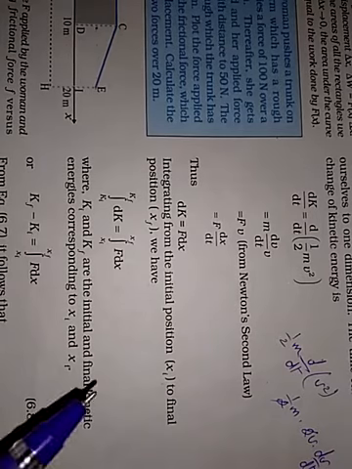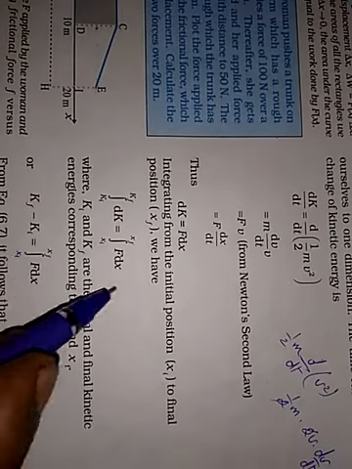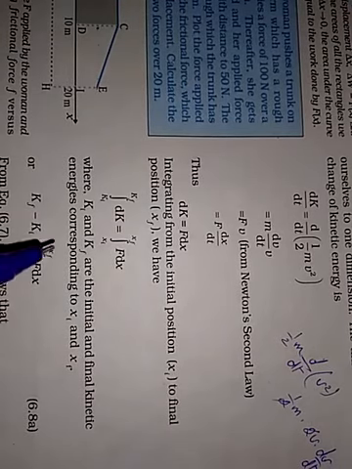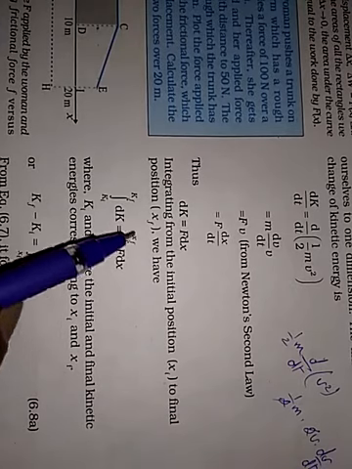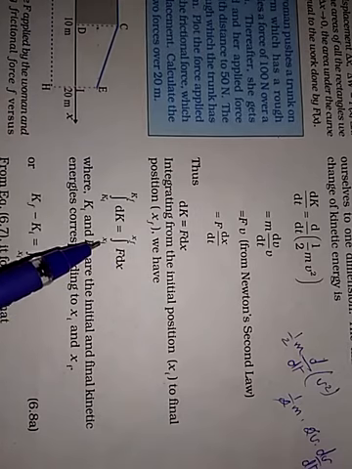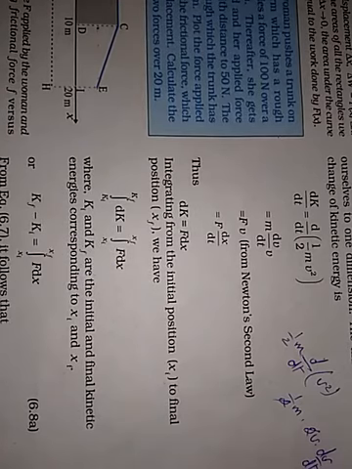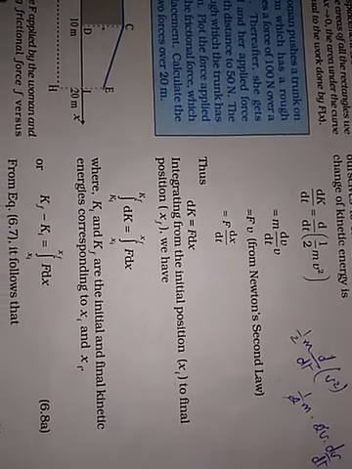So integration of xi to xf F dx, the right hand side, is nothing but work done. Force into distance. If you add all the area under the curve from xi to xf, you will get work done. Therefore integration of F dx from the distance xi to xf is nothing but work done.